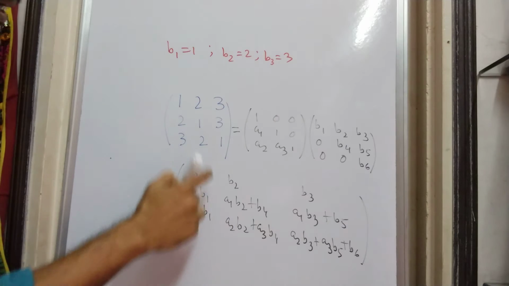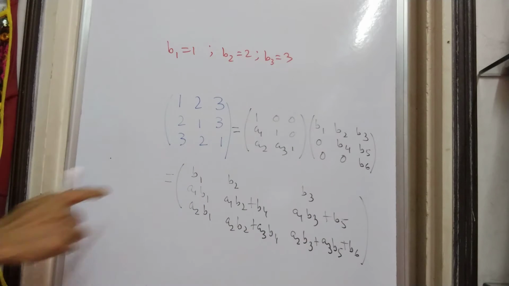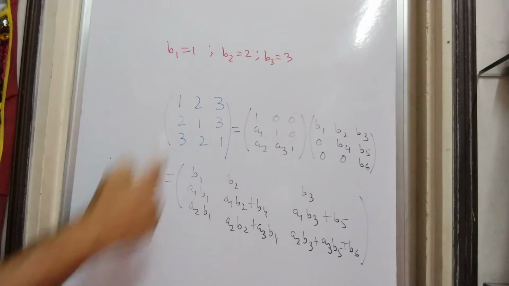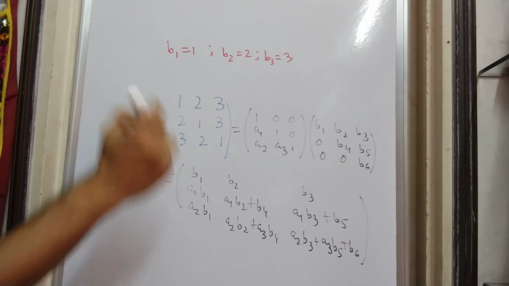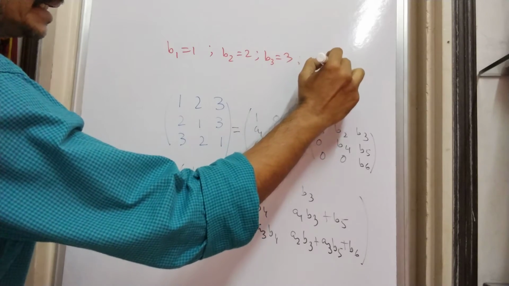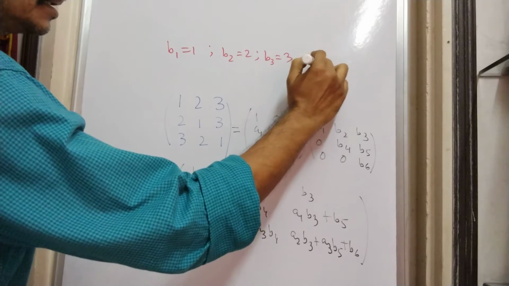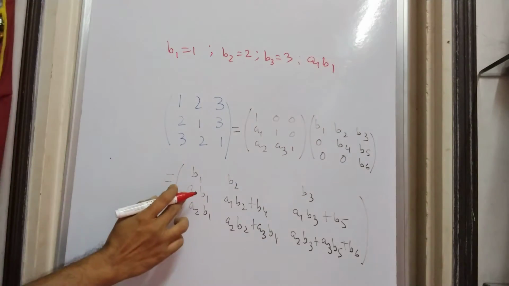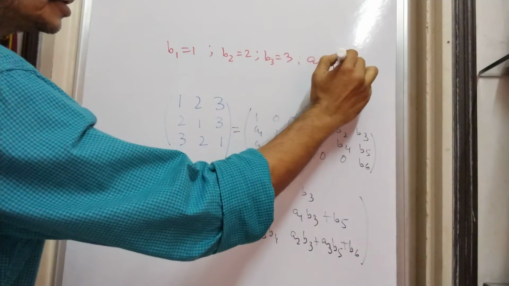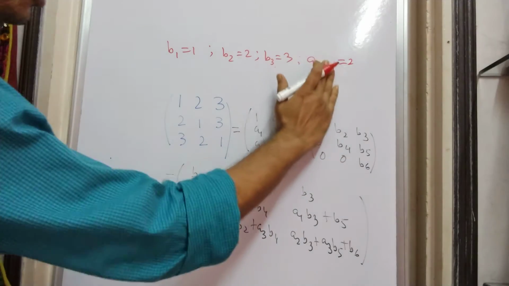Since this matrix is written as the product of these two, we must have B1 1, B2 2 and B3 3. Then the product A1 B1 is 2, and since B1 is 1, A1 is actually 2.